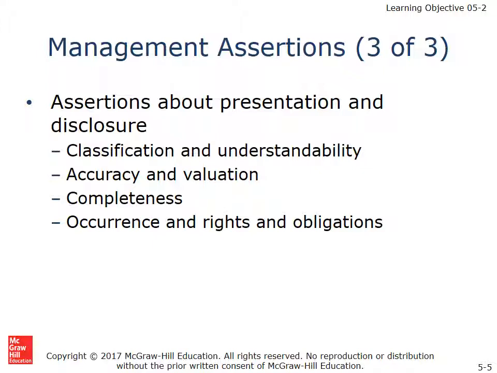Disclosed events, transactions, and other matters have occurred and pertained to the entity. So this is at a financial statement level. The first 5 or 6 assertions were at the transaction level. The next 4 assertions are at an account balance level. And then these 4 assertions are at a financial statement level.